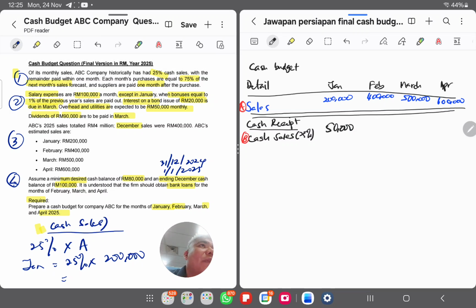For February, you just multiply 25% times 400,000, then you will get 100,000.